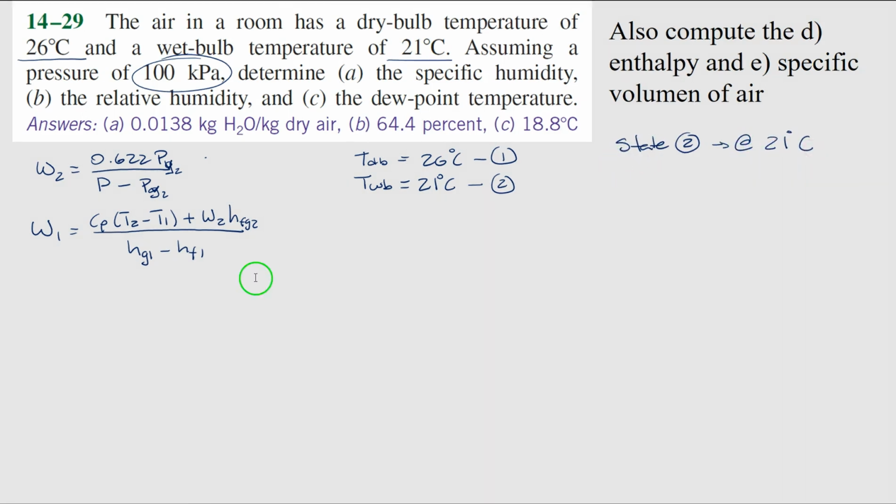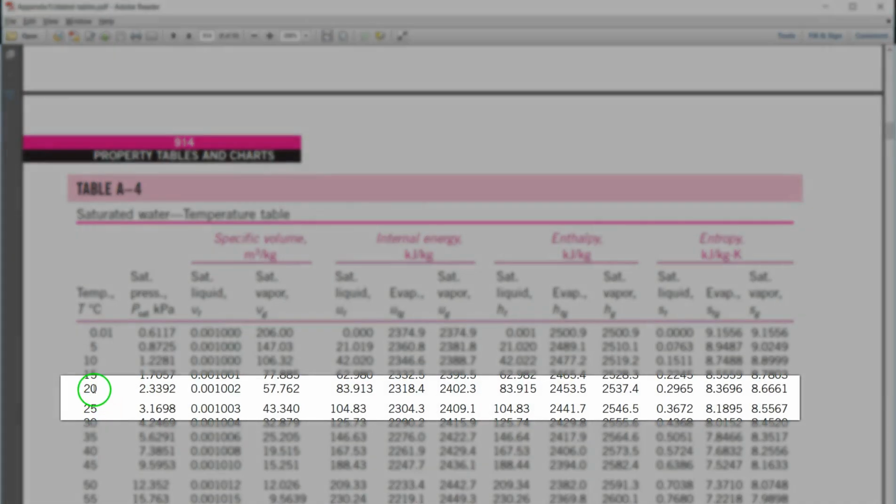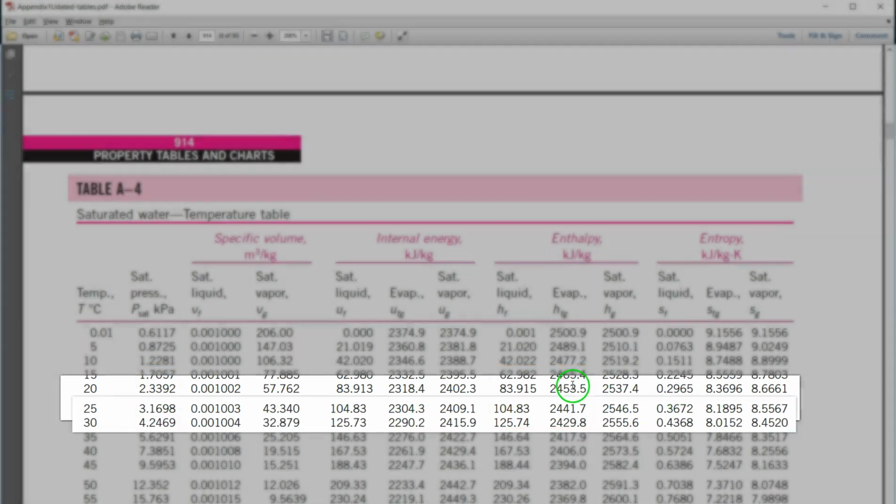we have table A4. We interpolate between 20 and 25 in order to get our saturation pressure, hf, and hfg.